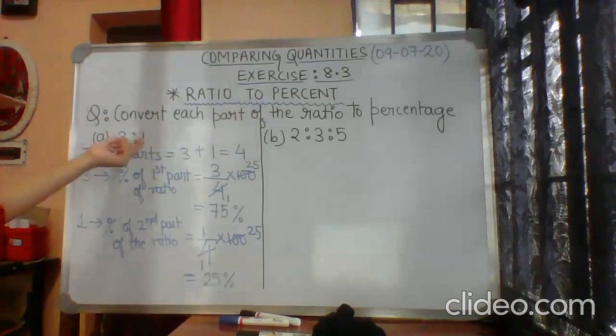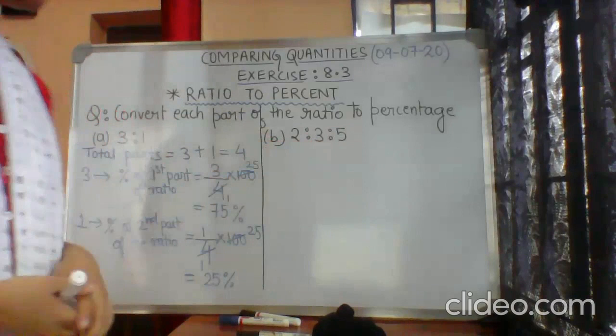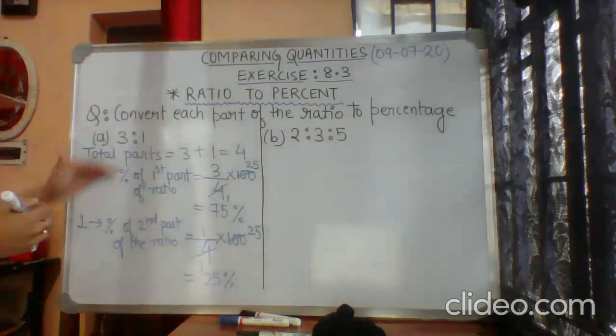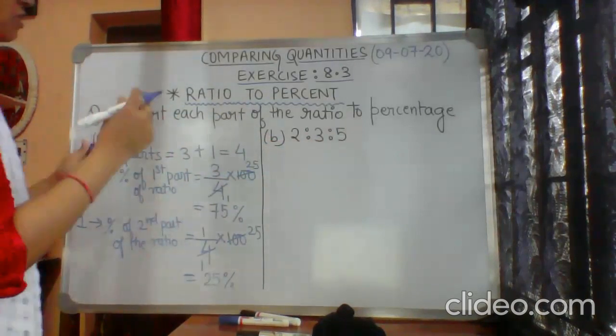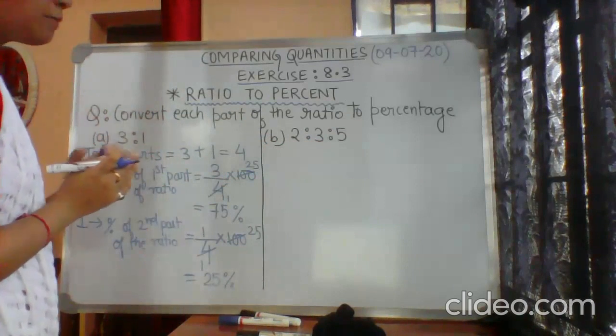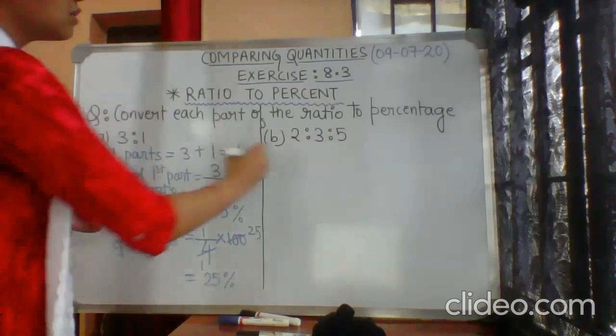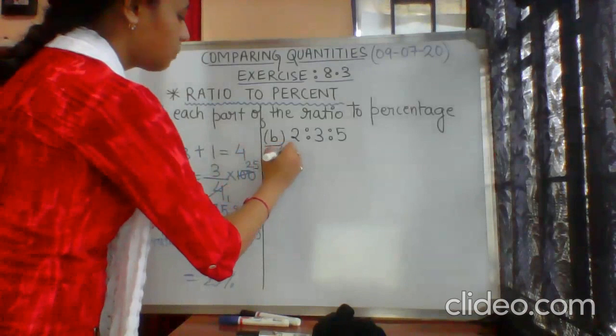Now there were 2 parts in that ratio. Now we are having 3 parts. So same thing we will follow. Same procedure. Okay. First of all, we have to find the total number of parts, because we need that. So what is the total number of parts?